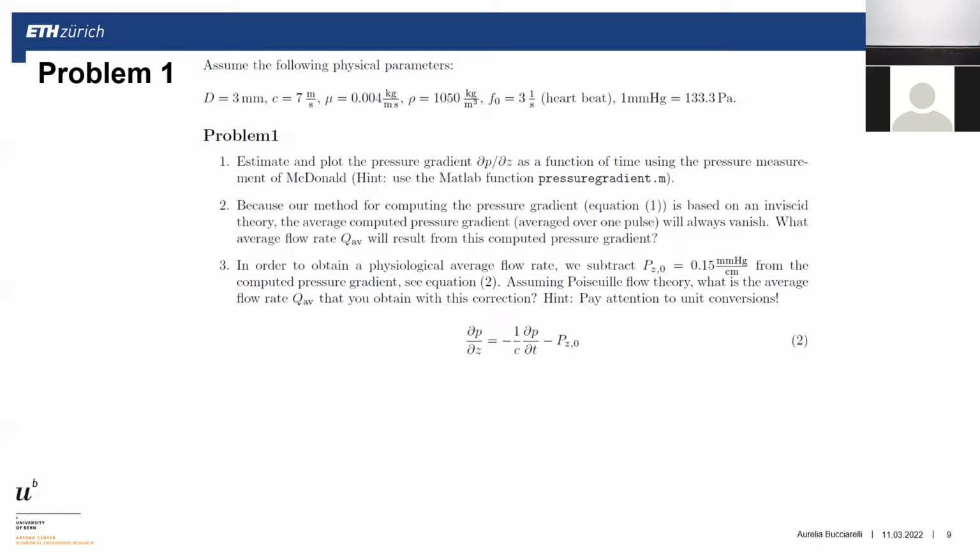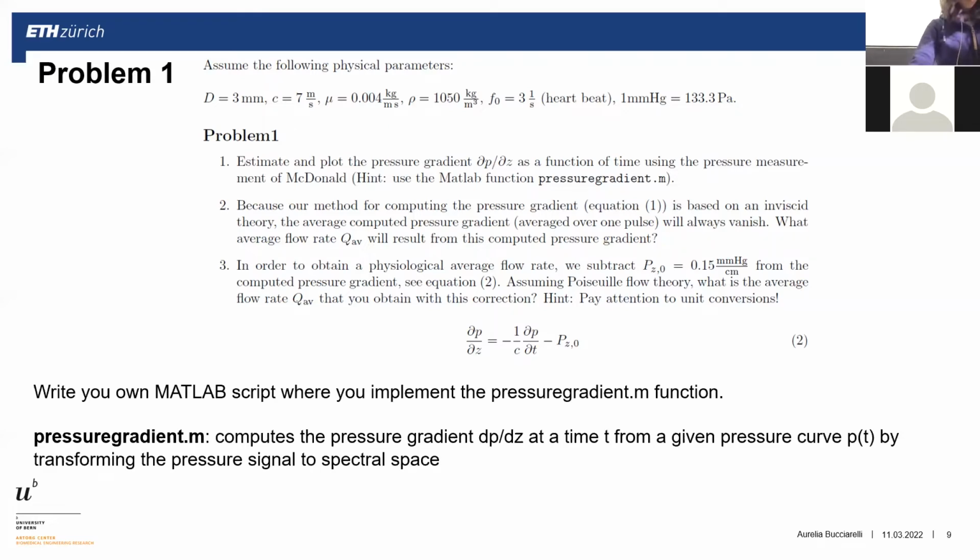And important, units again: this is millimeter of Hg and not Pascal, so be careful of that. Then plot it and think about what the differences are, what is happening. And this is the pressure gradient that you need to use.